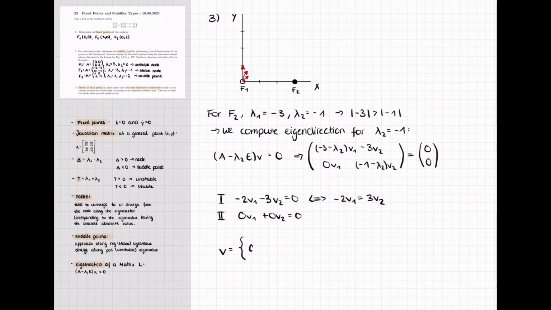And from line 1 we can deduce that multiples of (-3/2, 1) are eigenvectors. In our case we choose (-3, 2) as eigenvector because it is easy to work with. Now we can add some trajectories, and this time it is a stable node. So they will tend to converge to the node along the eigenvector, which looks like this.